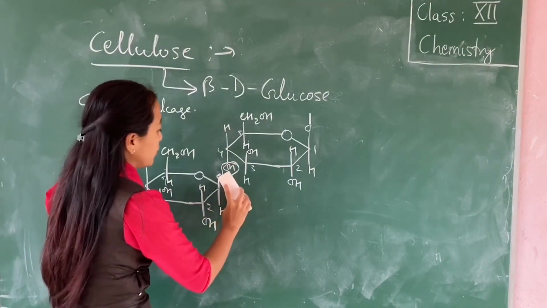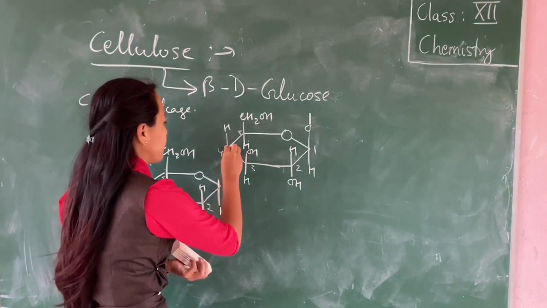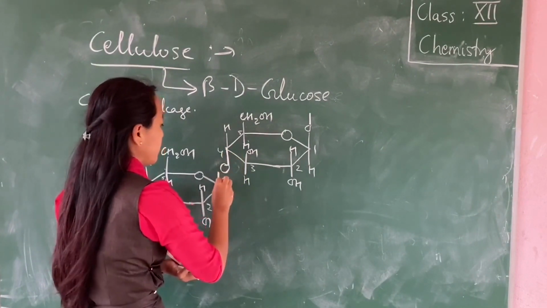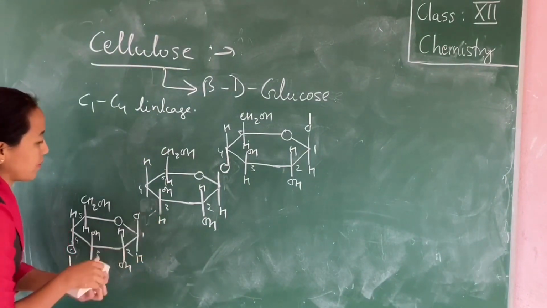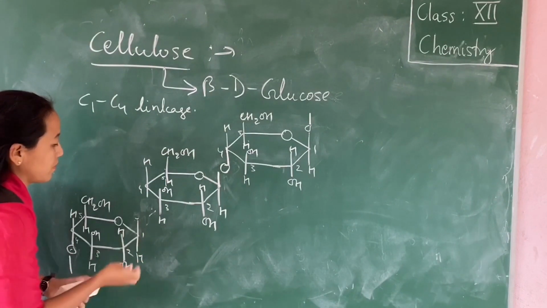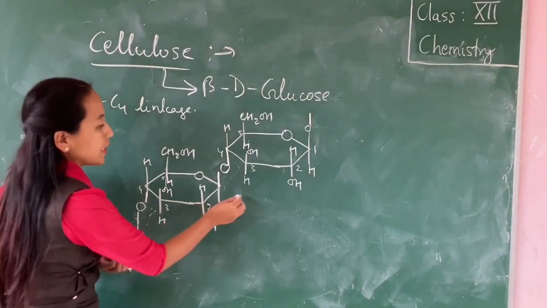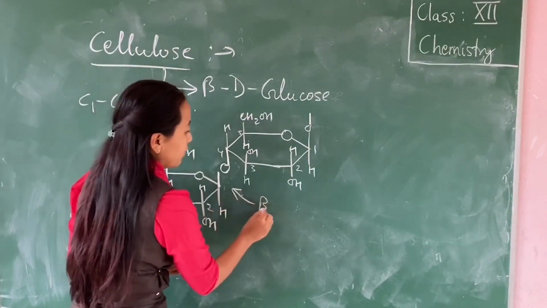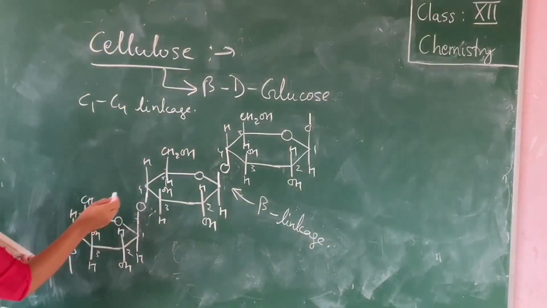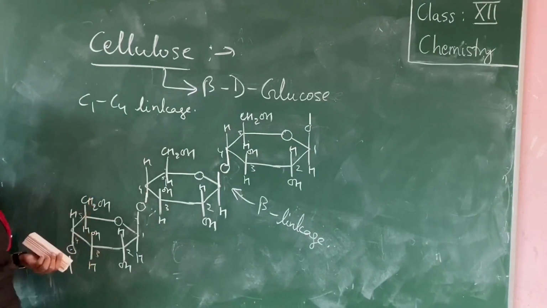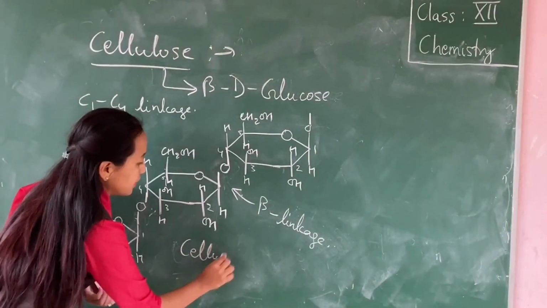Now water molecule is removed, and you just have to join these two through this oxygen atom. So you can see that here beta linkage is being formed, and the linkage takes place between C1 and C4. So this is about the glycosidic linkage formation in cellulose.